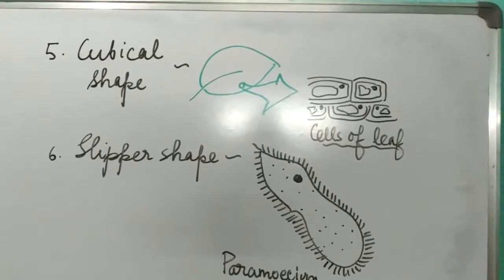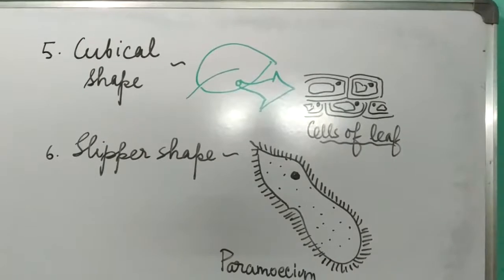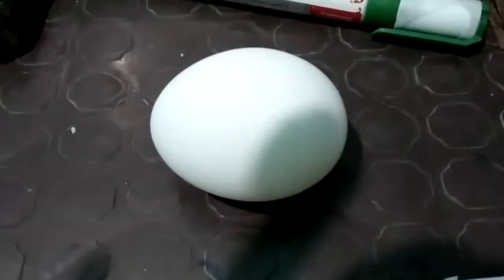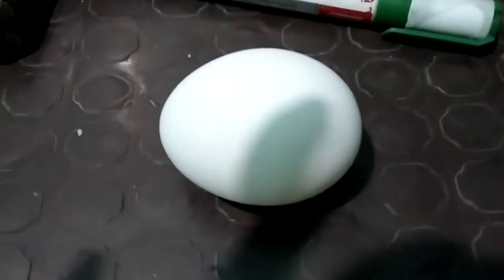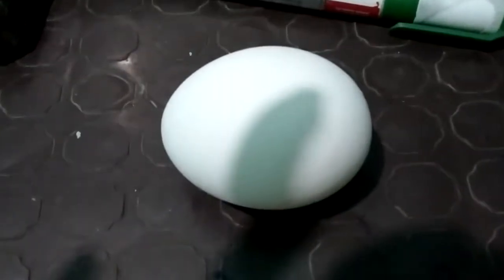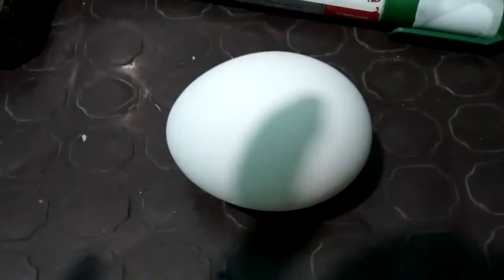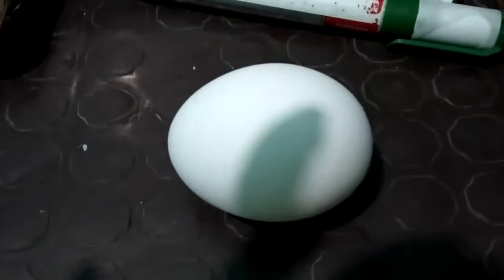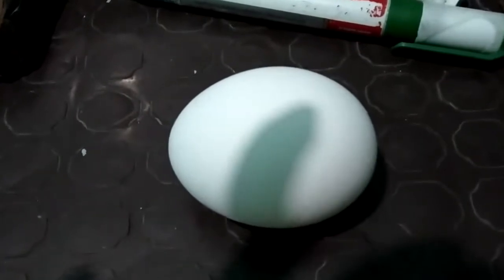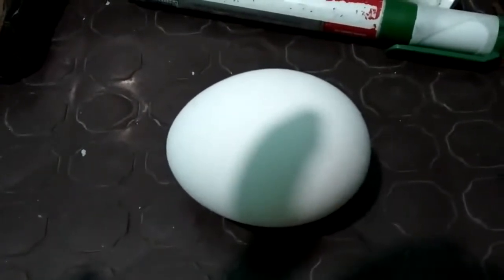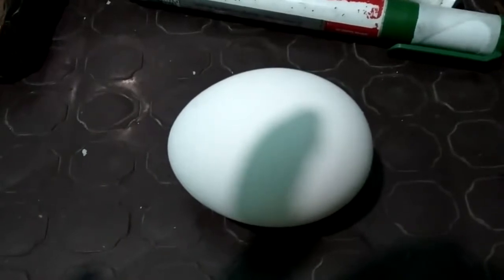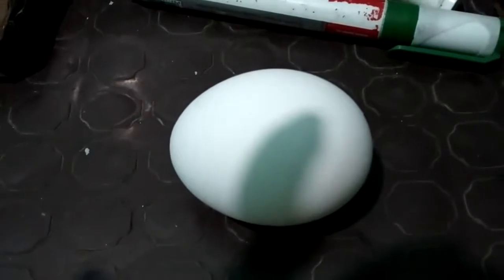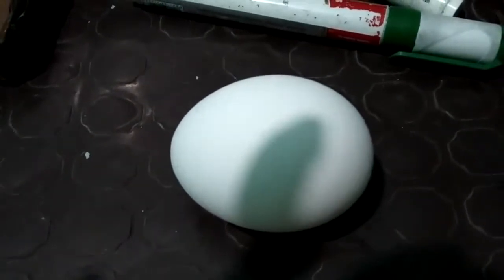Now next I will be showing you one interesting fact. Now students, you can see I have kept an egg over here. Now this egg is also a kind of cell, students. Yes students, egg is also a cell, and remember, the only cell which we can see without the use of a microscope, that means we can see it with our naked eyes, is the egg cell.